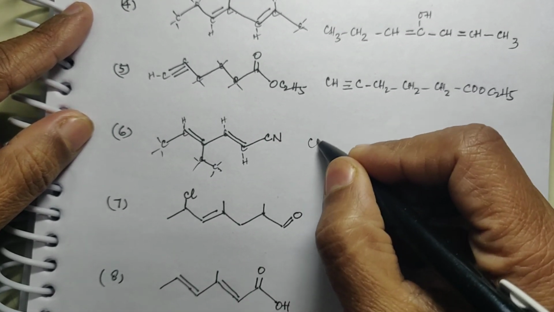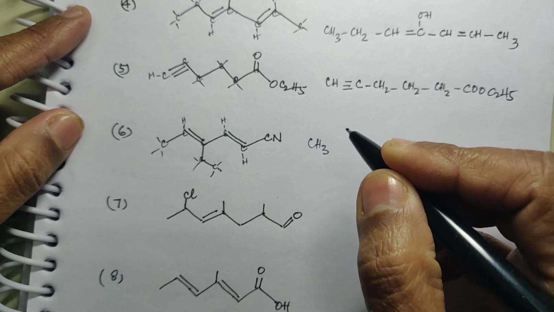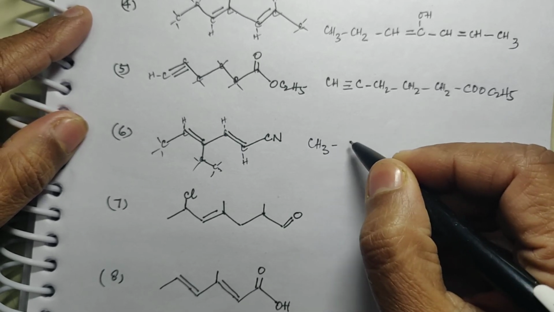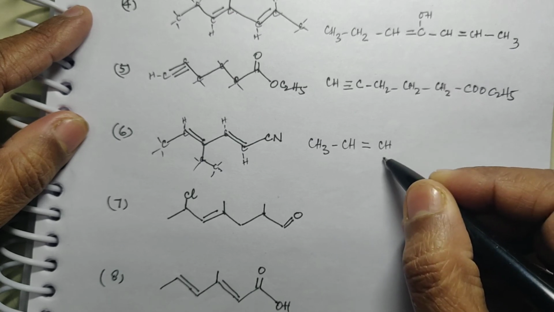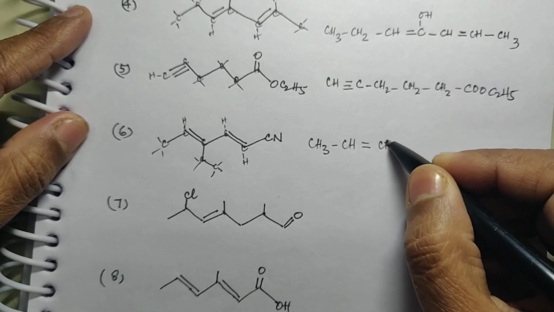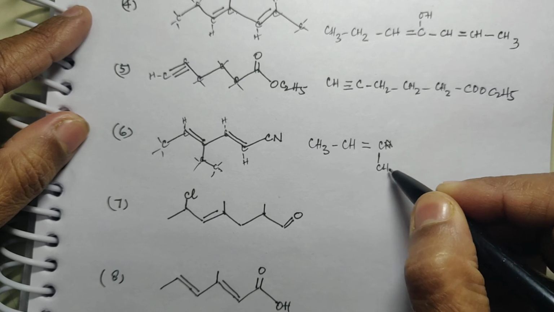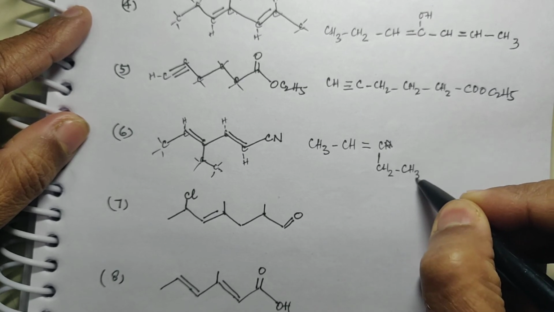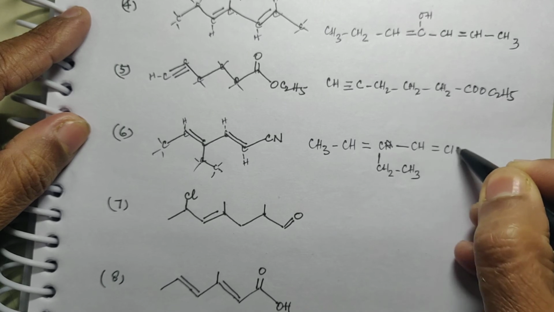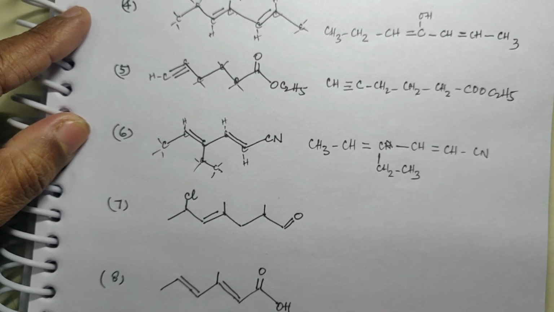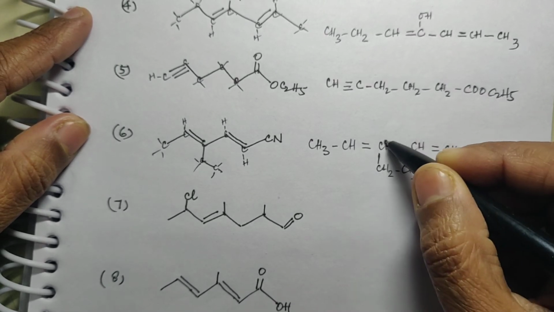So this will be CH3, CH, double bond, CH, I'm sorry, no hydrogen here, CH2, CH3, इसके साथ CH, double bond CH, CN. Okay, this hydrogen is not, sorry.